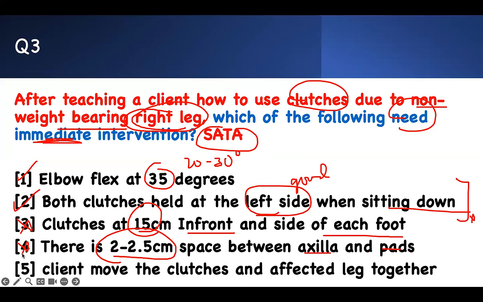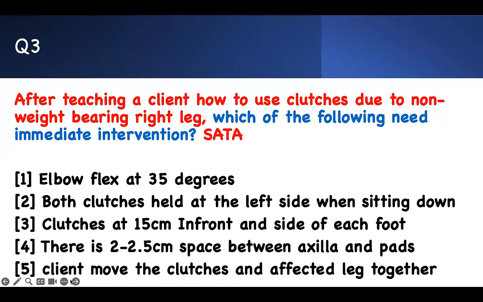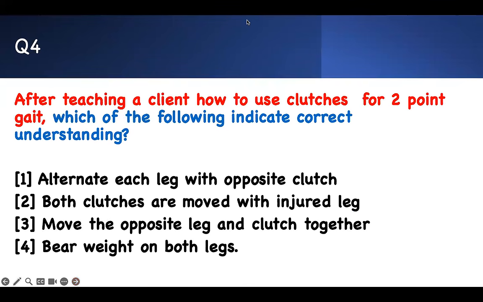So this is okay. The client moves the crutches and the affected leg together, because their leg is affected and the crutches are your support. That gives you the 3-point stand. So this is fine. Therefore, the ones that need intervention are 1 and 2. I'm just trying to give you the concept.